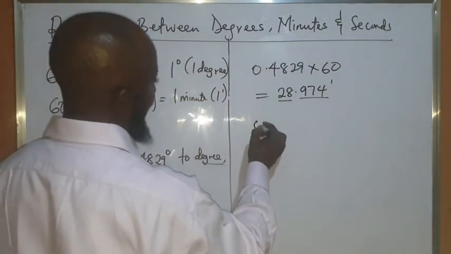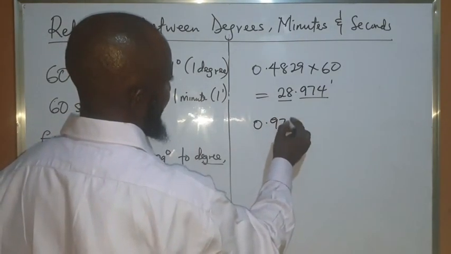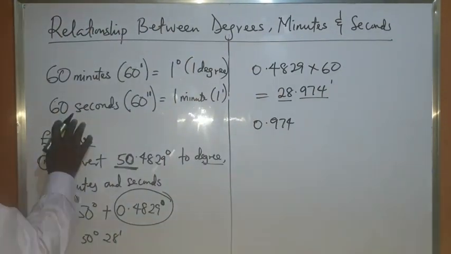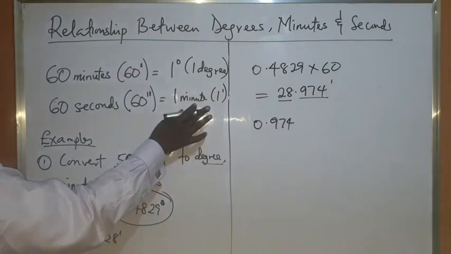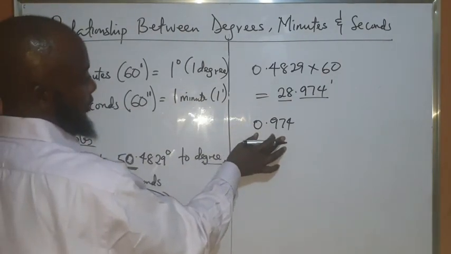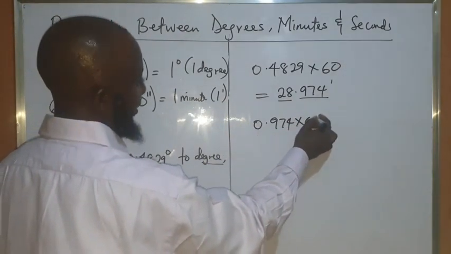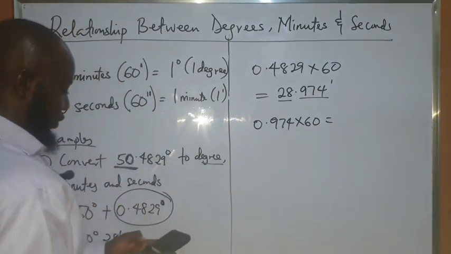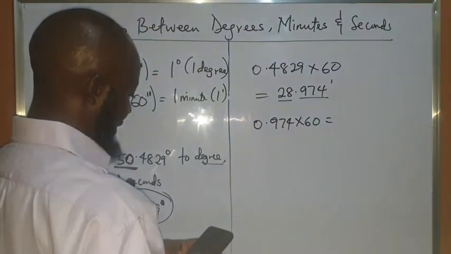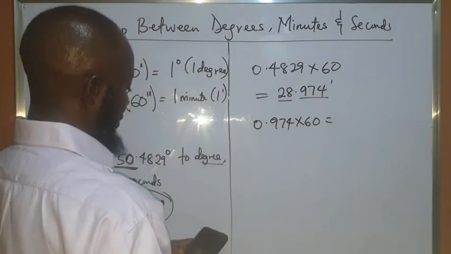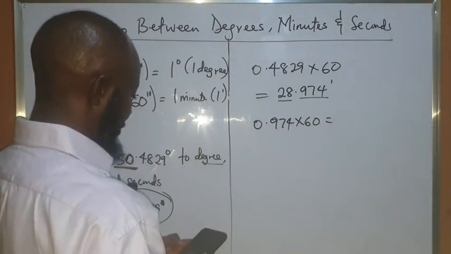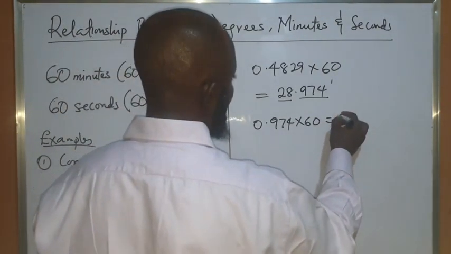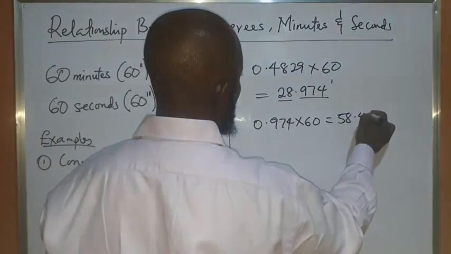So we have 0.974. Don't forget 60 seconds gives us 1 minute, and this is not up to 1 minute, so we multiply by 60 again. 0.974 multiplied by 60 gives us 58.44.